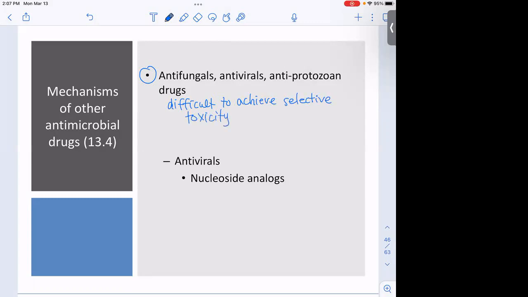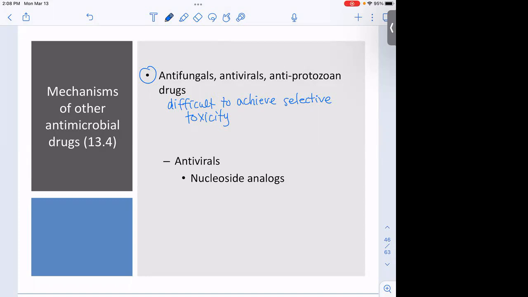We want a drug that targets the pathogen, the disease-causing organism, and doesn't harm the host cells. Okay, so these are eukaryotes. Fungi are eukaryotes. Protozoa are eukaryotes. Viruses, even worse, they're hiding out inside eukaryotic cells. So we have to have some different strategies to try to get to them. And in general, we have way less options for treatment.